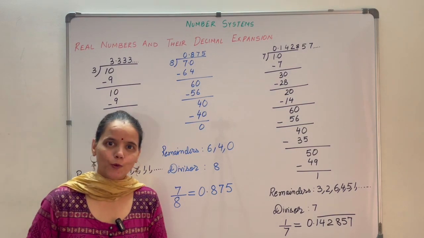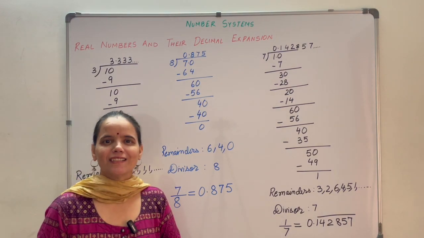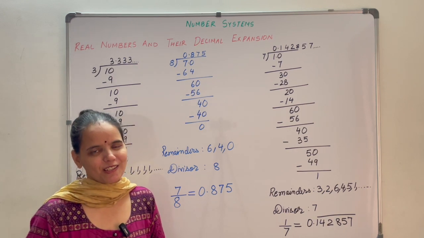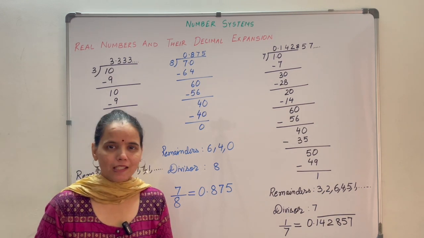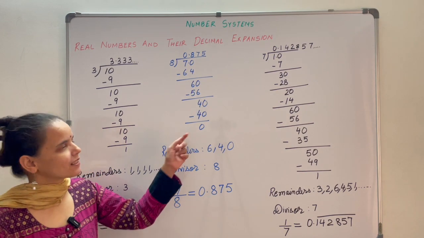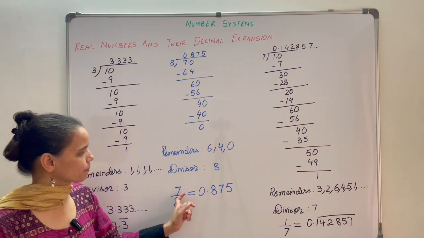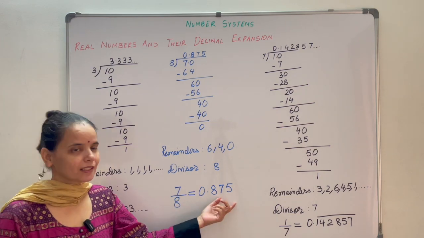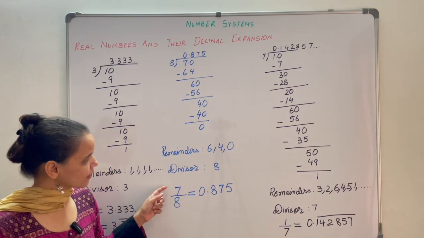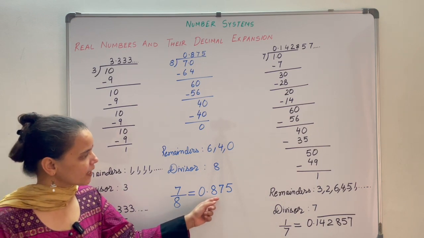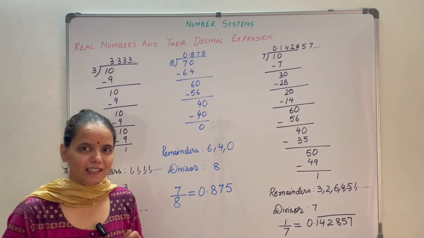Let us now conclude the decimal expansion of rational numbers. So you have two cases in the case of decimal expansion of a rational number. The first case is when the remainder is 0. When the remainder becomes 0, the decimal expansion of the rational number terminates. So here in this case, the decimal expansion of 7 by 8 is 0.875, that is terminating.